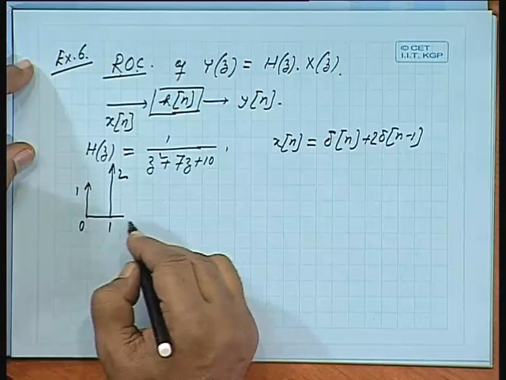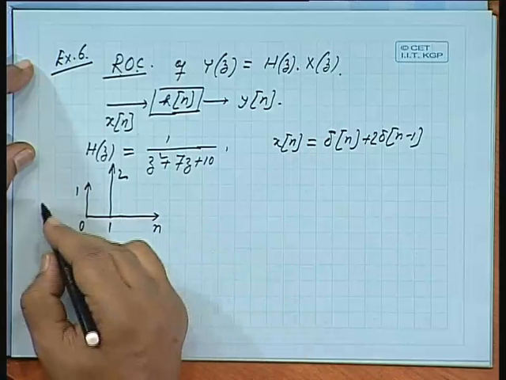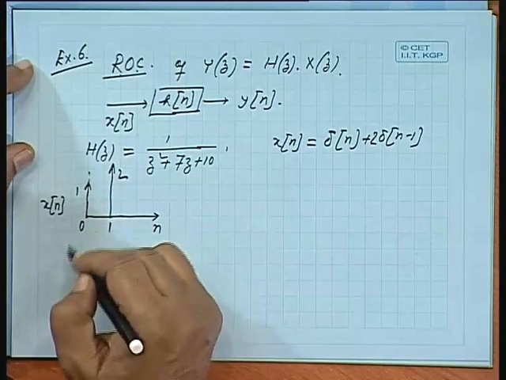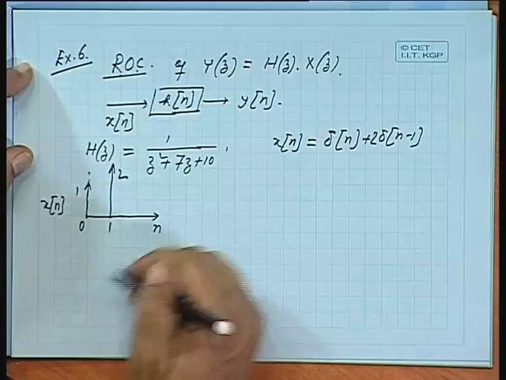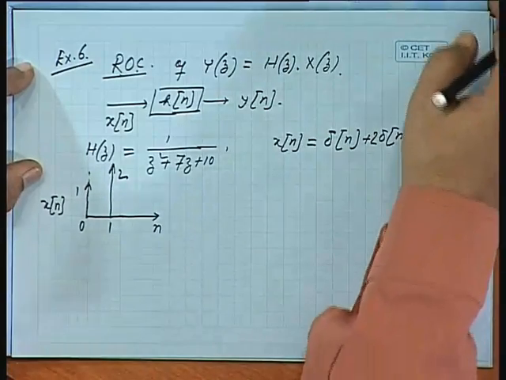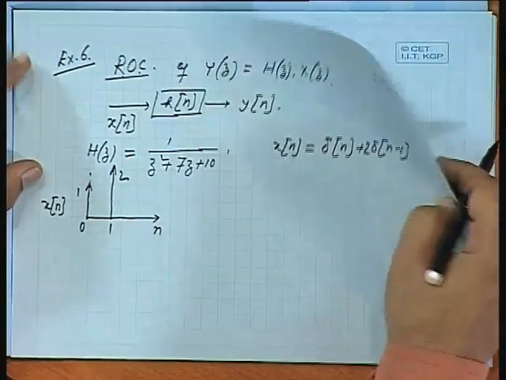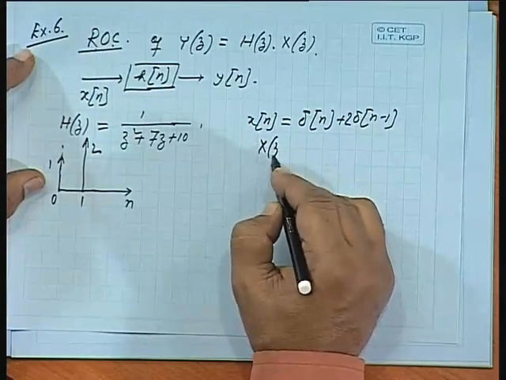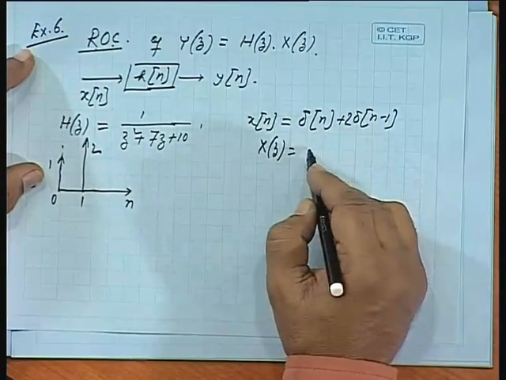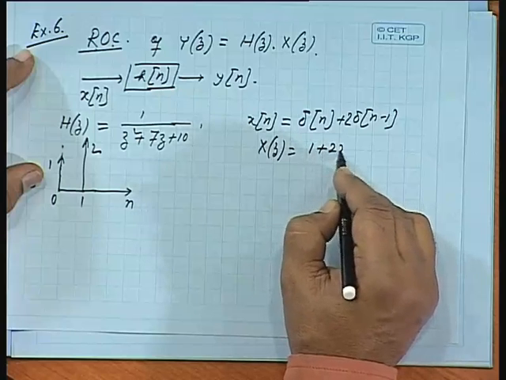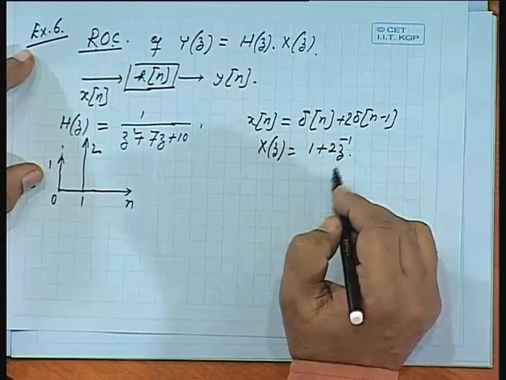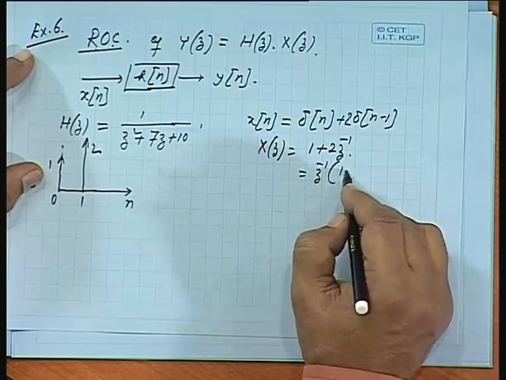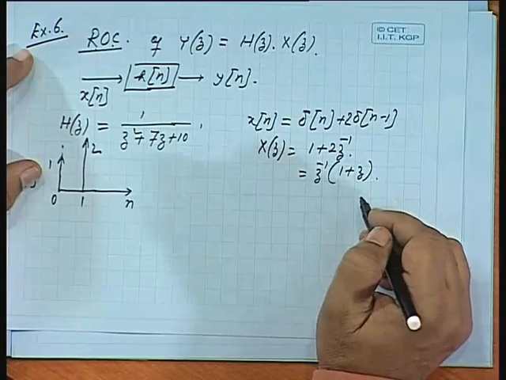This is 0, 1, this is Xn. What will be the region of convergence for YZ? So, XZ you can compute from here will be 1 plus 2 Z inverse. I can write this as Z inverse into 1 plus Z.